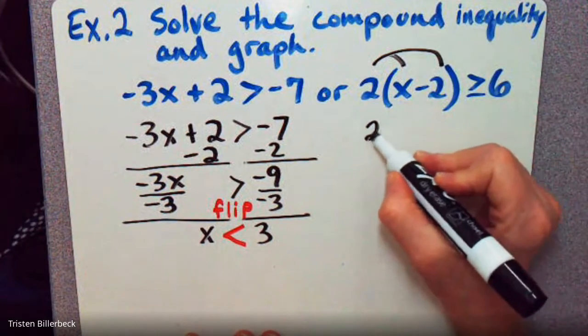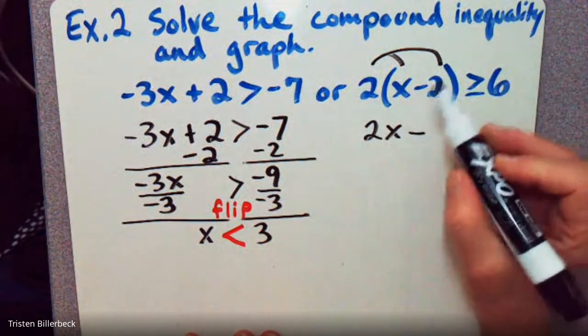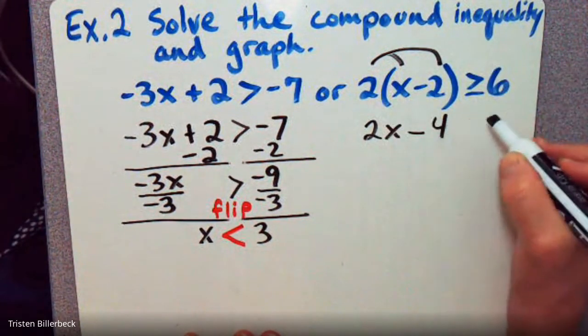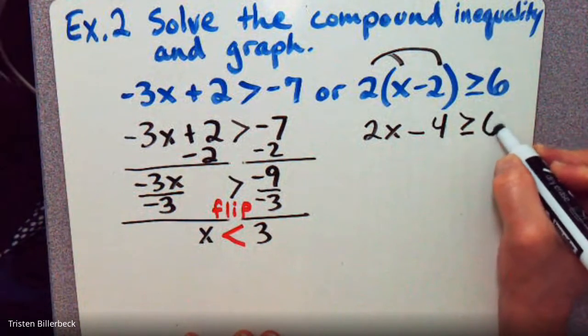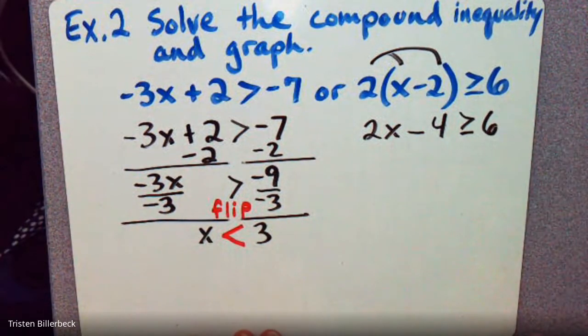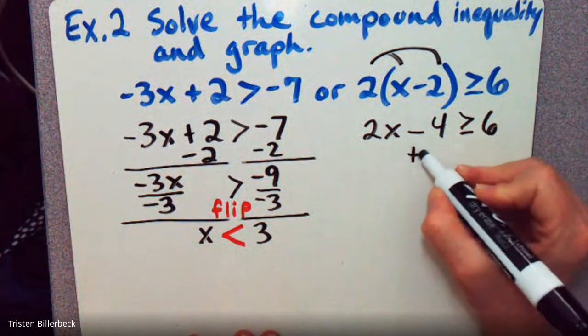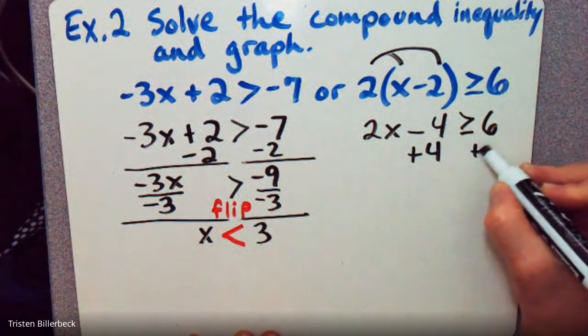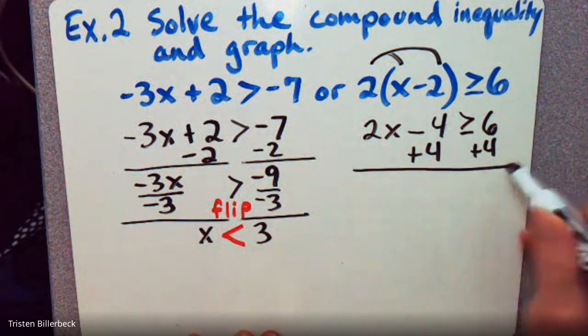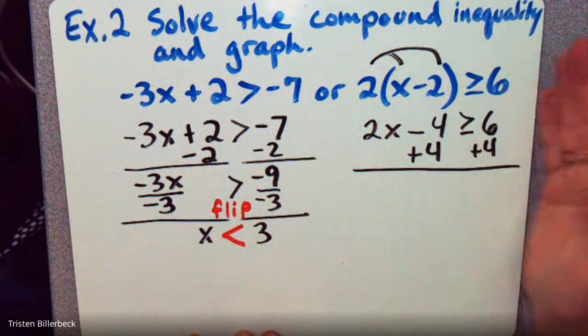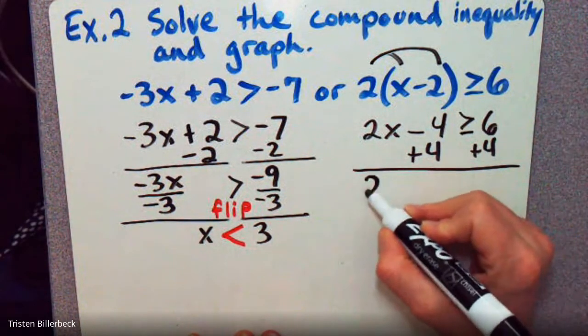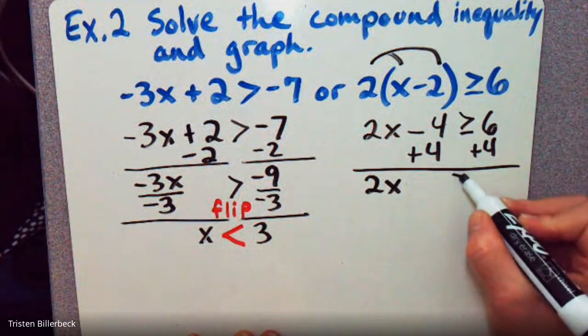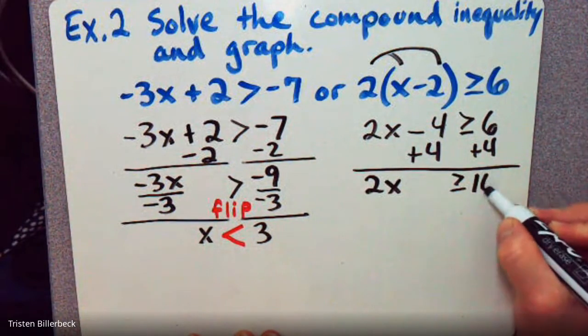So we have 2x minus, and 2 times negative 2 is 4, and that's greater than or equal to 6. So we use an additive inverse on this side and an additive inverse here. Whatever we do on this side, we have to do it on that side. And we have 2x is greater than or equal to 10.